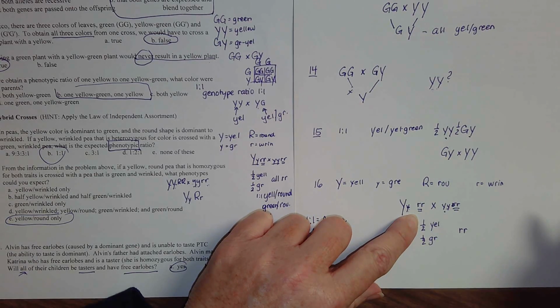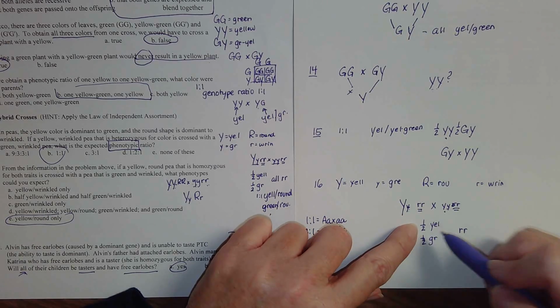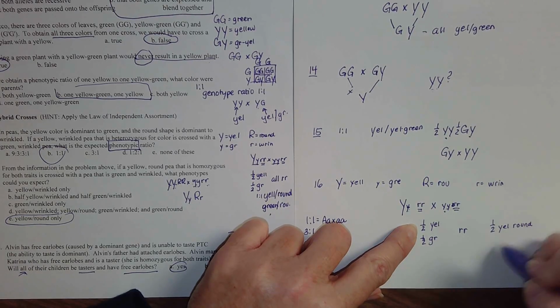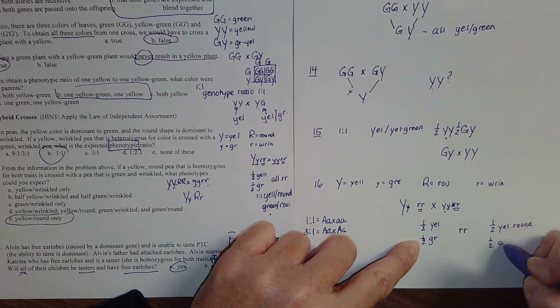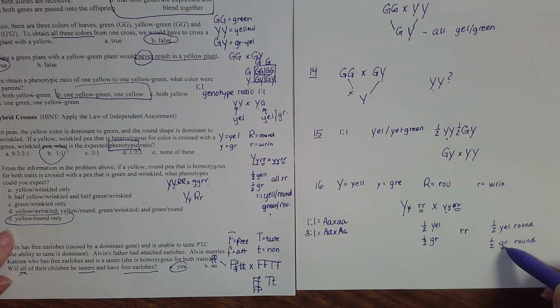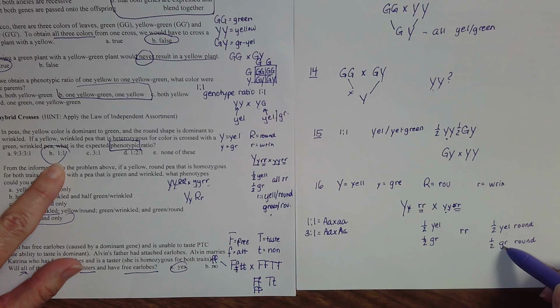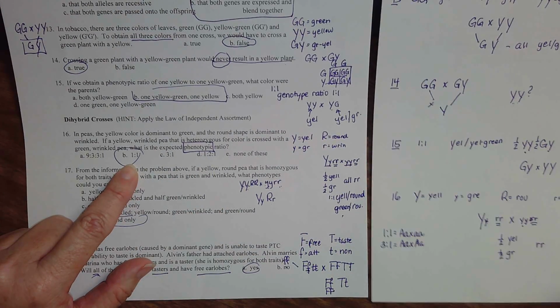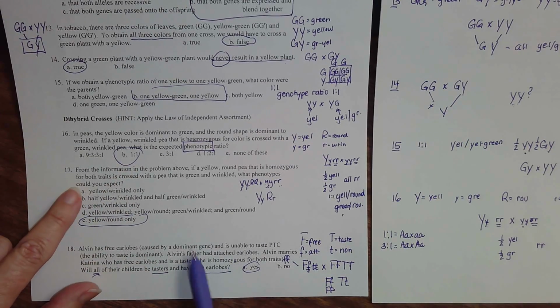That's all you can get. So that means that 1/2 are going to be yellow round, and 1/2 are going to be green round. So that ratio is 1 to 1. Because it was asking what is the phenotype ratio. So this ratio here is 1 to 1.